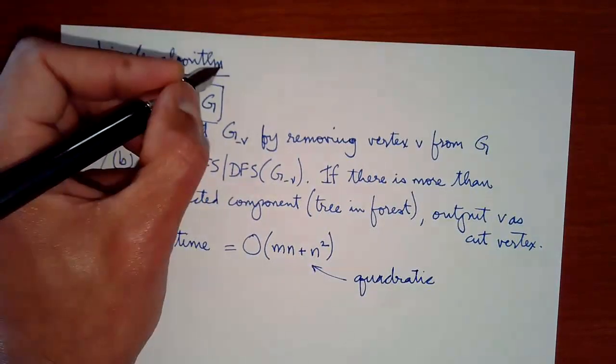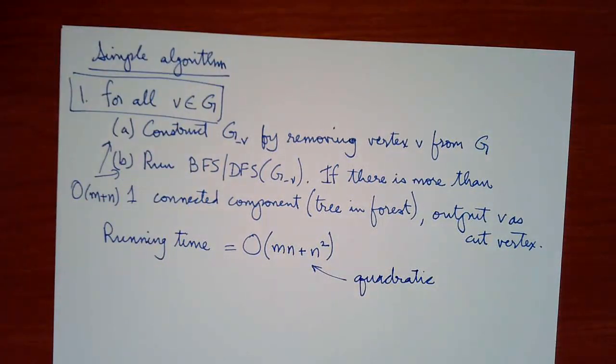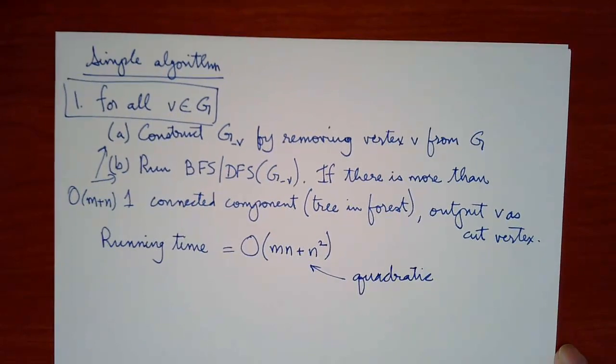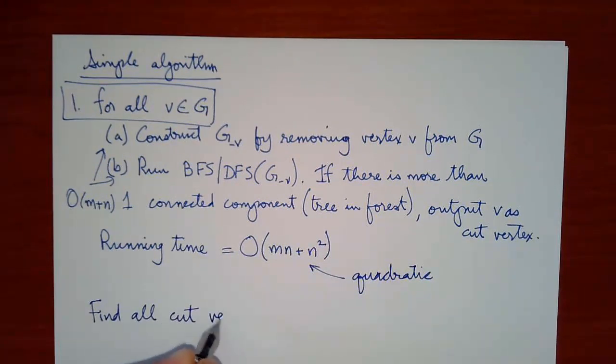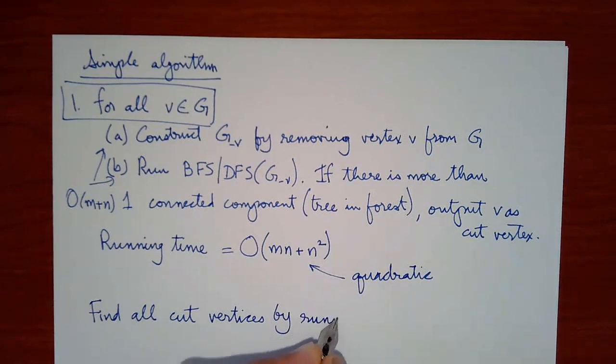And so this is the simple algorithm. And it turns out, so sort of our good friend DFS, we can actually find all cut vertices by running a single DFS.